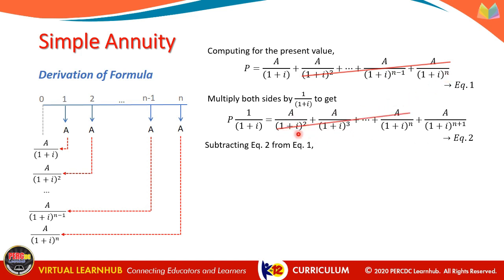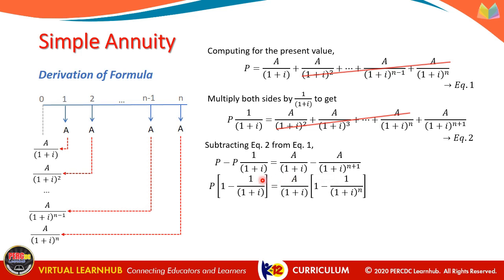So subtracting the 2 will give us P, that is from equation 1, minus P times 1 over 1 plus i, that is from equation 2, is equal to A over 1 plus i, that is from equation 1, minus A over (1 plus i) raised to n plus 1, that is from equation 2.